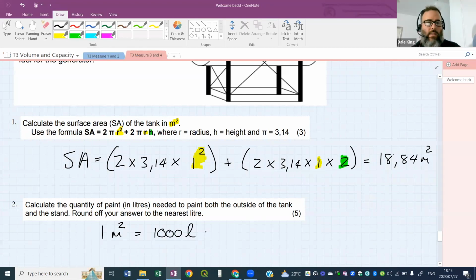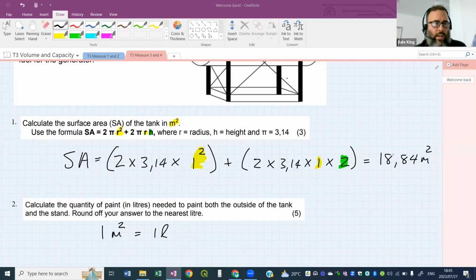No, that doesn't look right. Sorry, that's wrong. In this case, 1 square meter of area to paint, we'll use 1 liter of paint. Let's use that conversion.